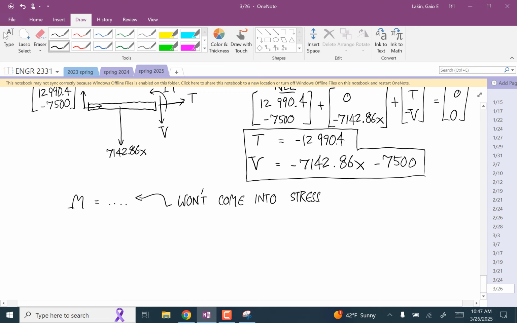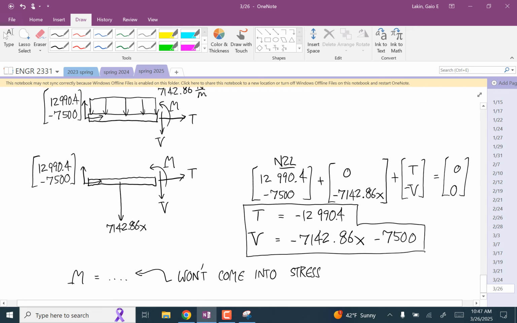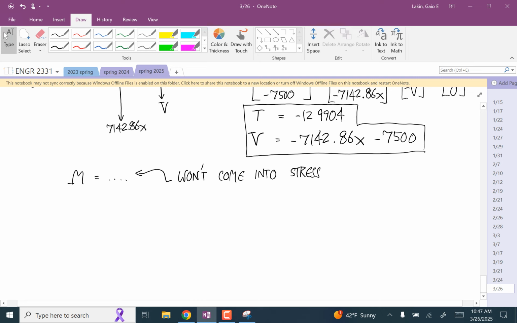So let's think at least a little about the stresses on this half. So stresses for cut 1 along the neutral axis.